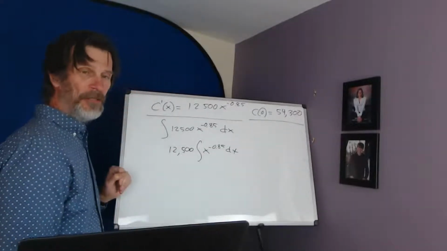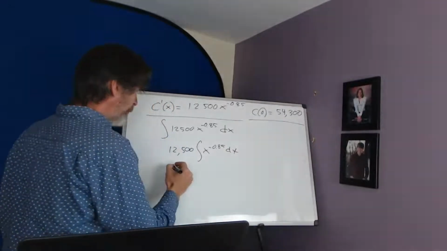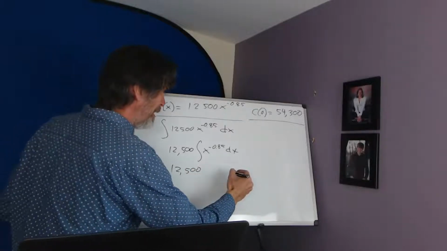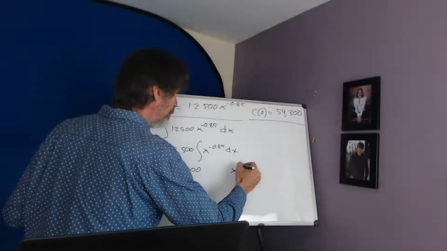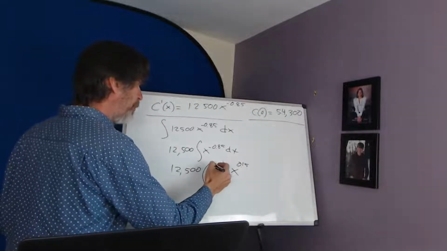I don't really care if you do or if you don't, but that's a nice way to remember that it's a constant multiplier. Constant multipliers get brought right along. Keep the x, raise the power by 1, and multiply by the reciprocal of that new power.